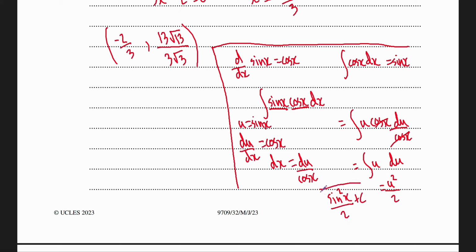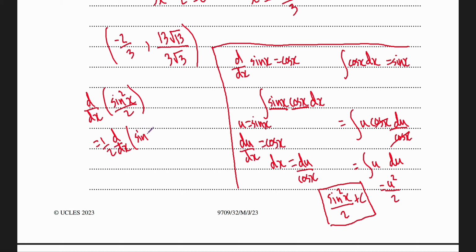That means when you differentiate sine squared of x divided by 2 plus c with respect to x, you'll end up getting sine of x cos of x, and you can try it. We find the derivative of, we're not going to do plus c because we already know that's a 0. So the derivative of sine squared of x divided by 2, well, that's just a half times the derivative of sine of x and sine of x again.